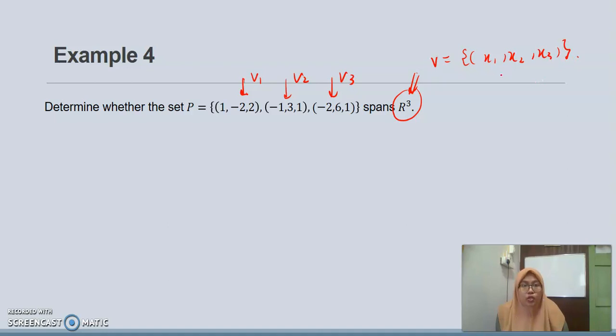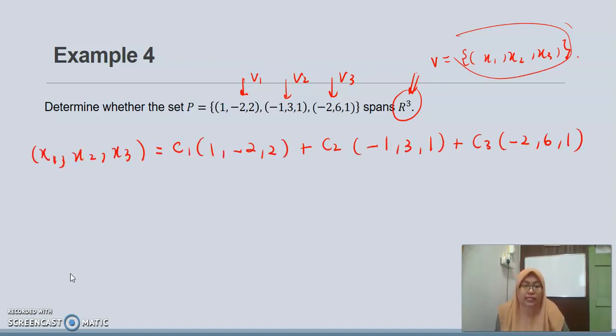Okay. So now we must write down this vector as a linear combination of these three vectors in set P. So you will get something like this. So from this, you can write it into a system of linear equations. Okay, and from those linear equations, you can transform it into matrix form. So in matrix form, you will get something like this.